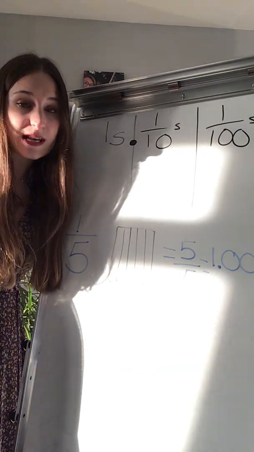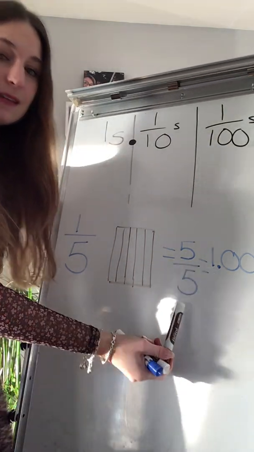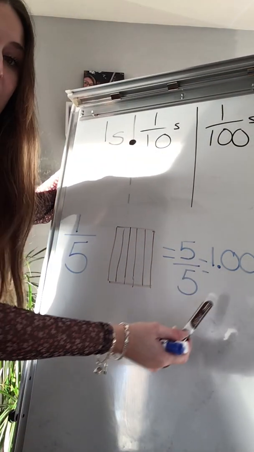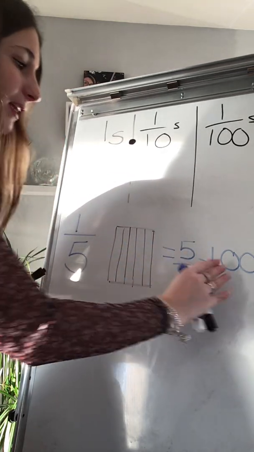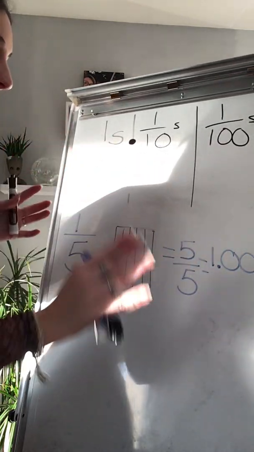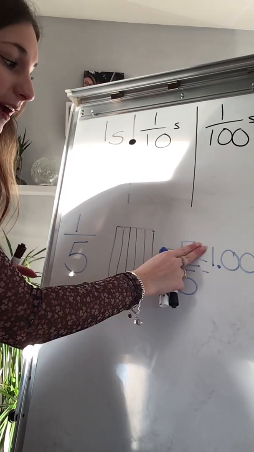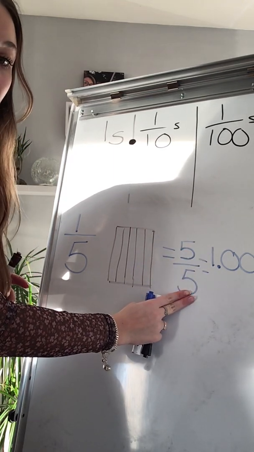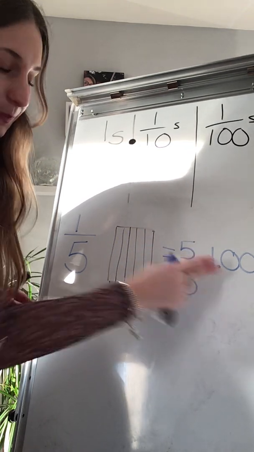So 5/5, okay, can you see it? 5/5 is 1 whole cake. Forget about that 100 because I'm going to show you the 100 in a minute. So 1 whole cake, 5 slices out of 5 that you cut. If you eat them, you are eating the whole cake.